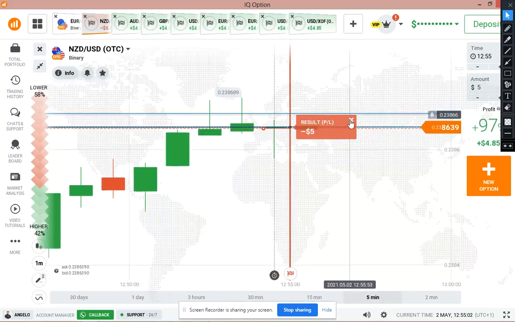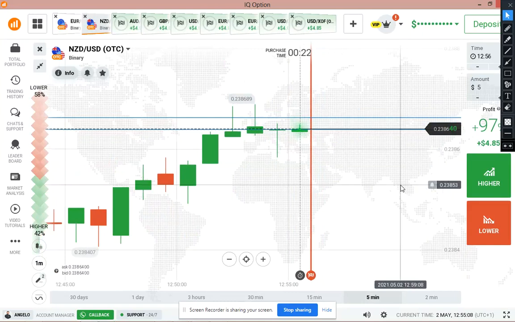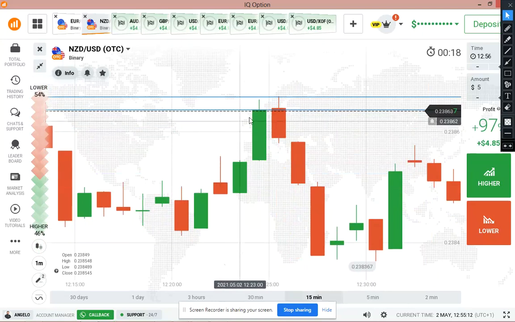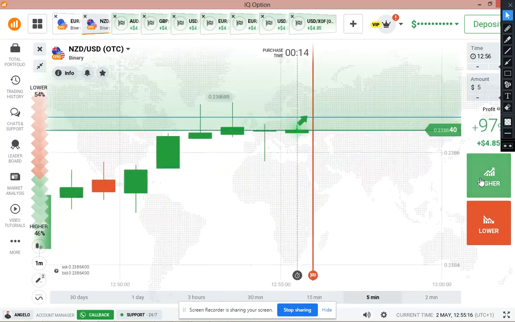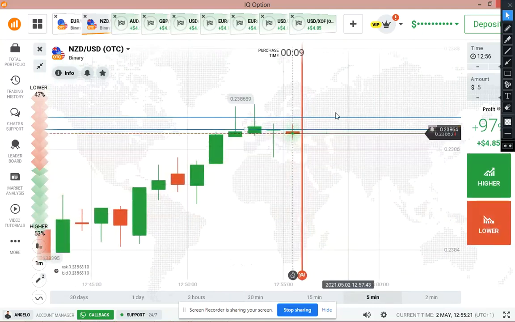Oh, come on, very weak bullish candle. This is the level I'm talking about, and I'm seeing the very weak bullish candle. So I think the market should reverse.